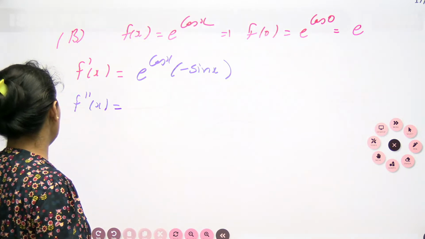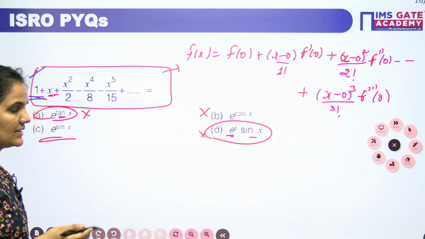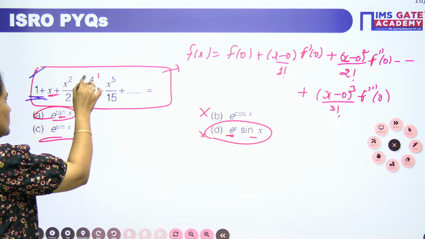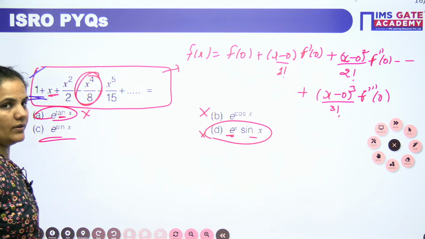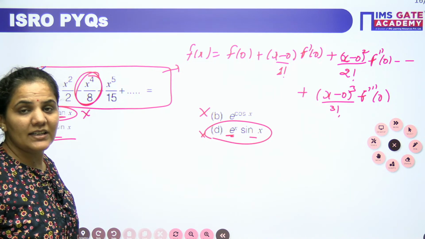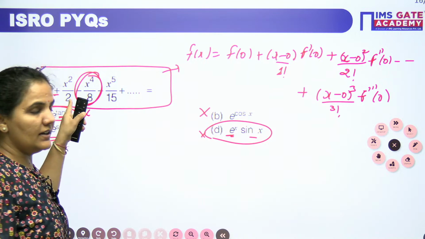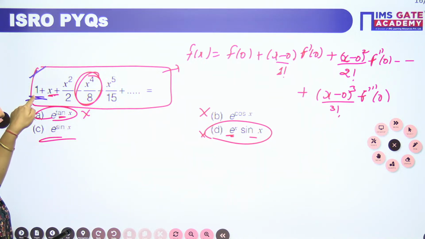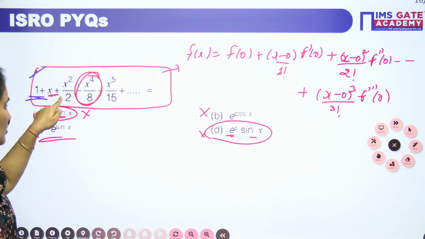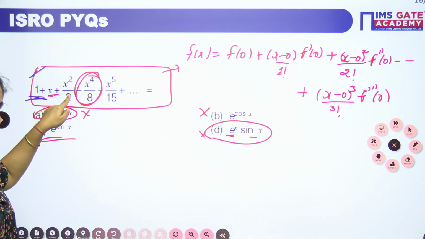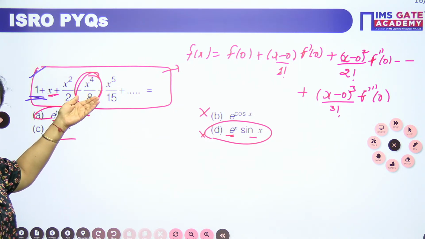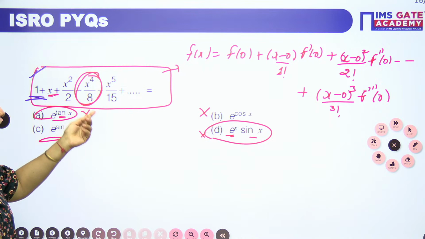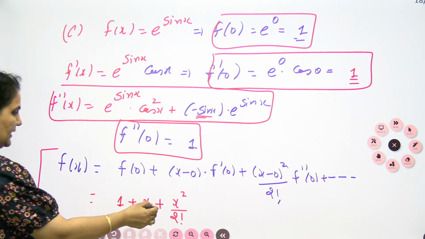The third order derivative is 0 here. Exactly, the third order derivative is 0, because I can see in the result x power 4 is there. This is the function f of 0, this is f dash 0, this is f double dash 0, but here we don't have the triple order term, means x cube is not there. So definitely we are going right.